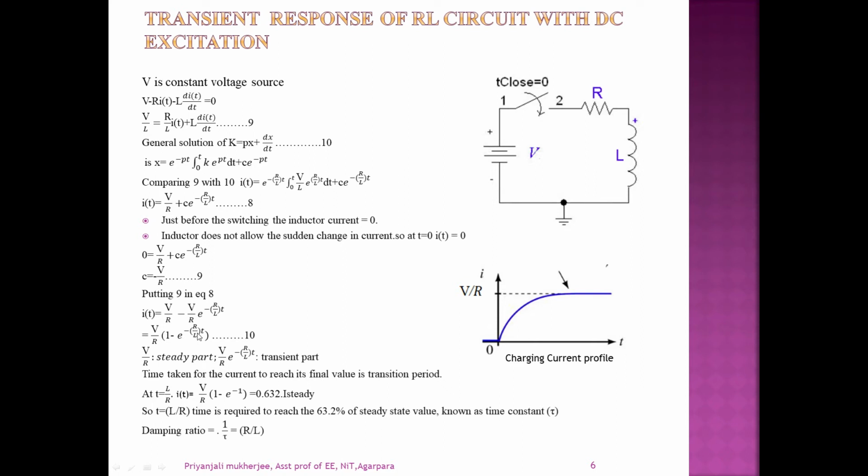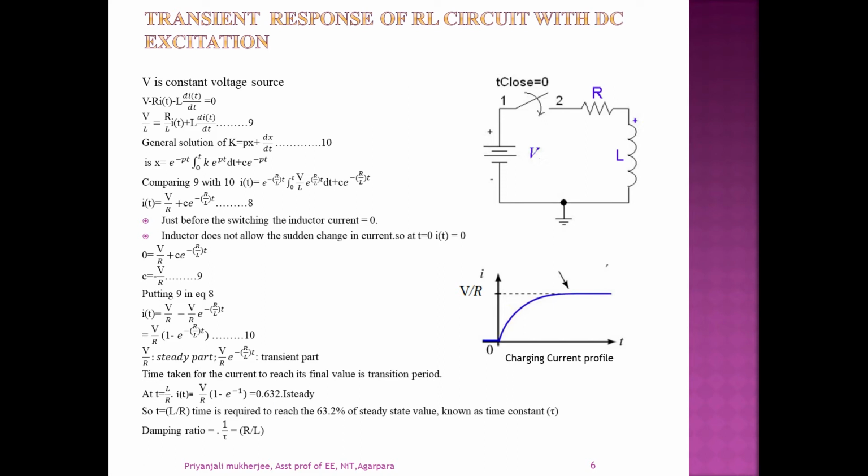Now, if we consider that t is equal to L/R, then the equation becomes V/R into (1 minus e to the power minus 1), which is equal to 0.632 times V/R, and V/R is the current at steady state.